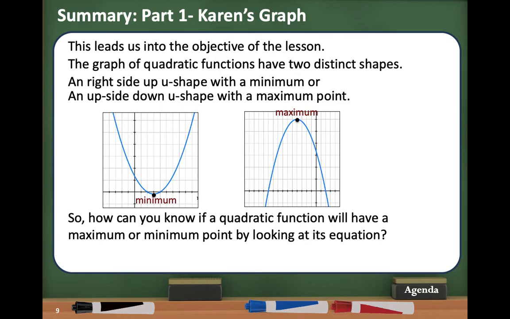We're kind of moving away from having to graph to know whether a parabola will have all the key features. We can actually find them without graphing, which is cool because graphing takes a while. So our goal today is being able to figure out ahead of time if a quadratic's equation, when we make a graph of its function, will have a maximum or minimum.